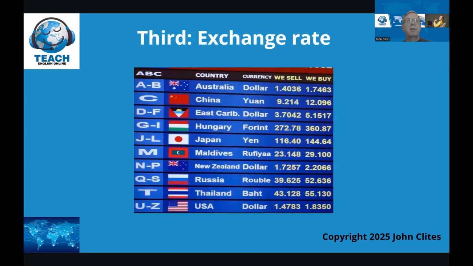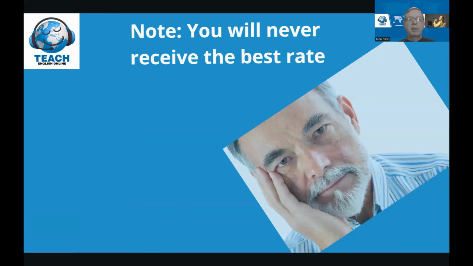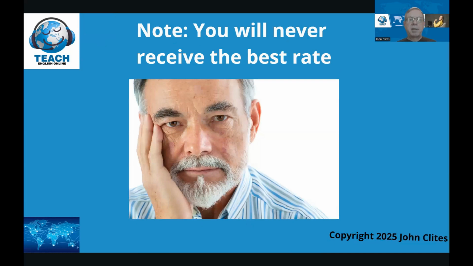You might want to look at that, but just understand that as an individual, you're never going to get the best exchange rate. The exchange rates that you typically see posted are like bank to bank rates, right? And you as an individual are never going to get those. So this is not a big concern, but I put it up here. And again, you'll never receive the best rate. That's the way it is. Okay.